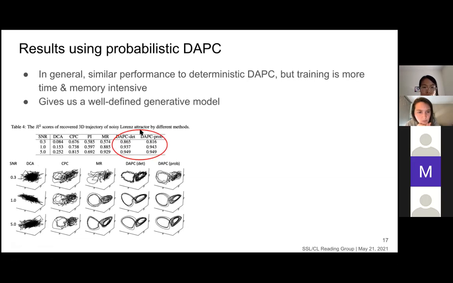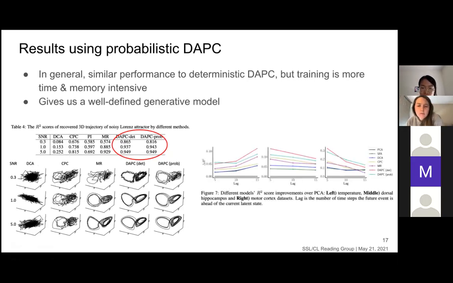And the probabilistic variant is also much better compared to the baseline methods. Yeah, and this is the experiments on the future time step or forecasting experiments.